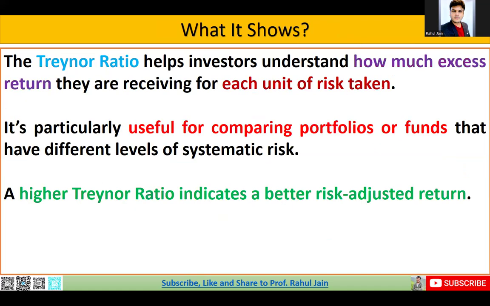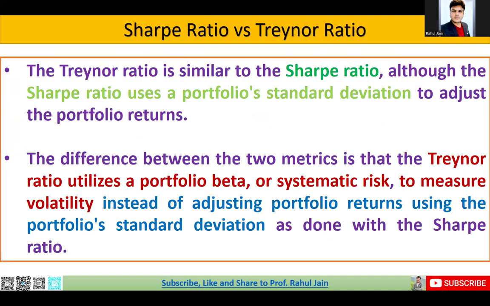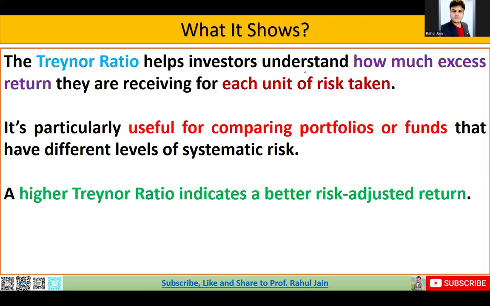So what it shows is, it helps investors understand how much excess return they are receiving for each unit of risk taken. Whatever risk investors are taking, on the correspondence of that, how much excess return are they receiving?